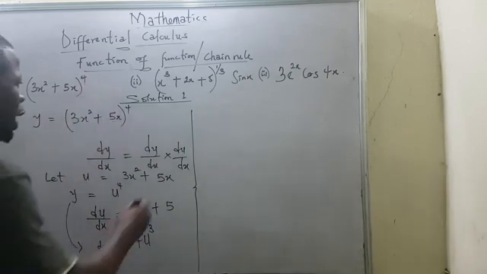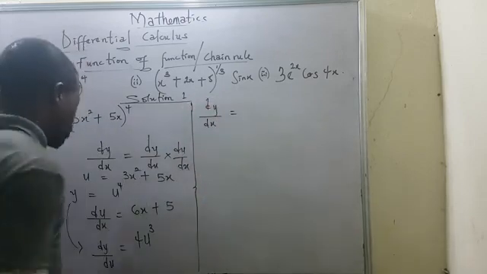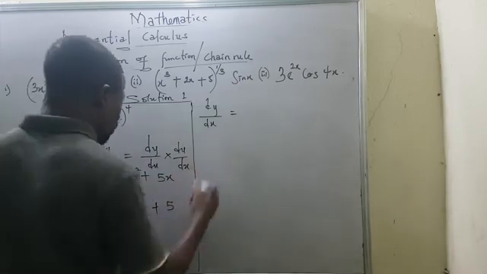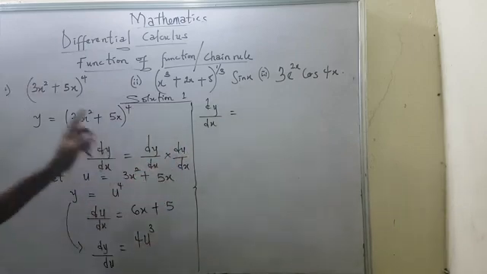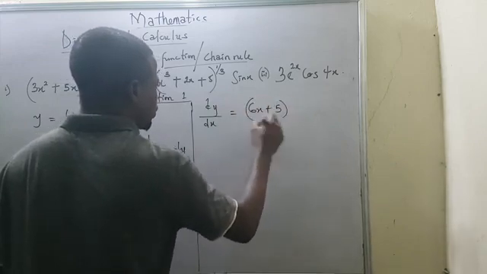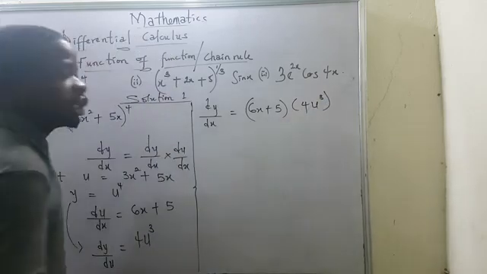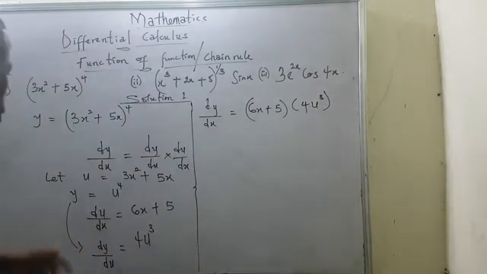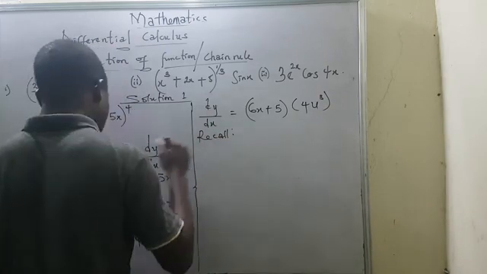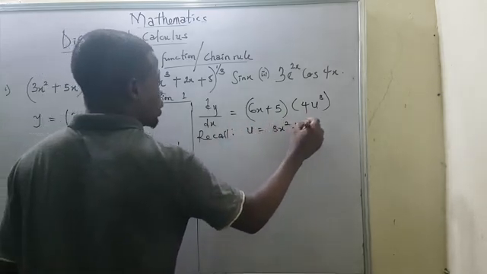So you now have dy/dx will now be equal to, as I've written it, dy/du times du/dx. So dy/du is 4u cubed. This can come first, they are commutative, any of them. So you have 6x plus 5 times 4u raised to the power 3. Don't forget, instead of writing it in terms of u, recall u was equal to 3x squared plus 5x.